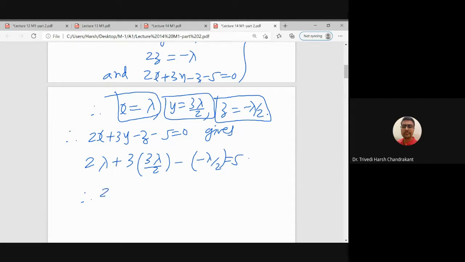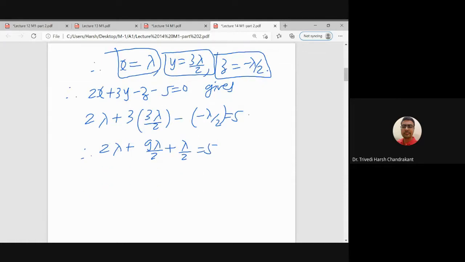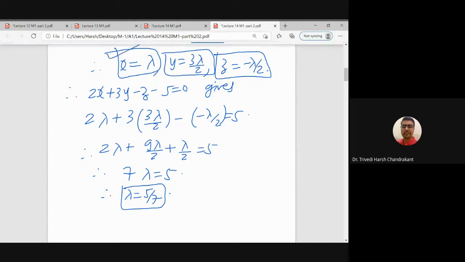That gives us 2 lambda plus 9 lambda by 2 plus lambda by 2 is 5. So essentially we get 7 lambda is 5. And now we know the value of the lambda, which is 5 by 7.